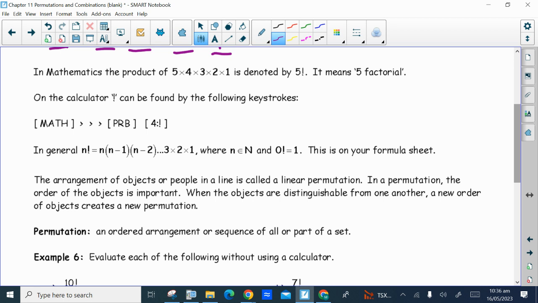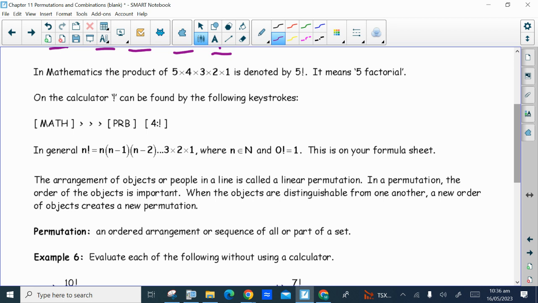How many objects can you arrange, or how many objects can you select from? So n can't be negative, can't be an integer, all integers anyways, and it can't be 0 either. You can't select from 0 numbers. However, it does say that 0 factorial does equal 1. That is on the formula sheet, and we will see why that is true.